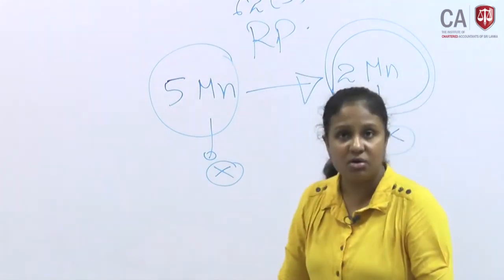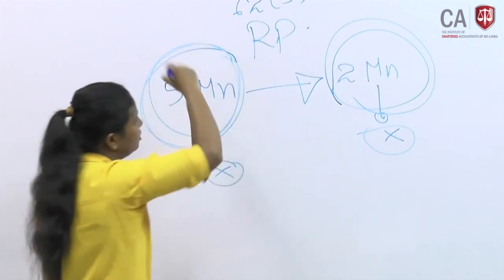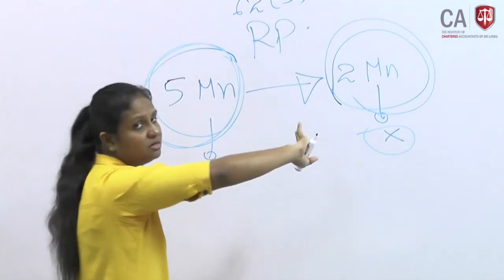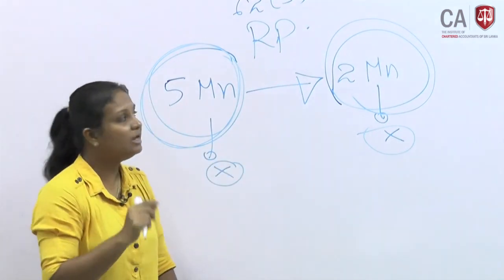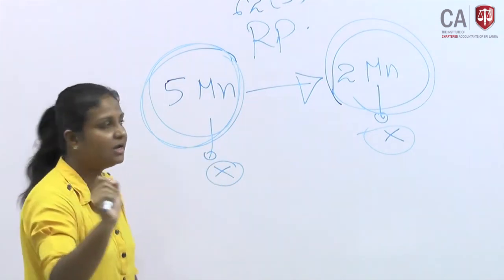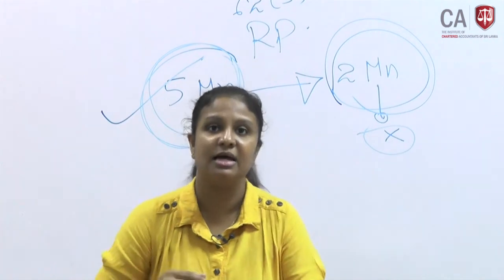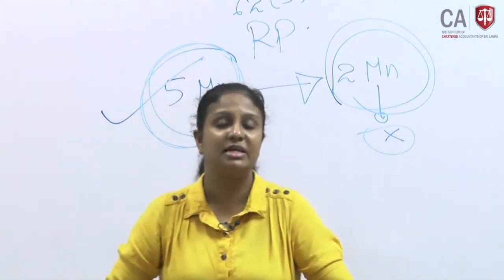No, it is talking about the entire profit which you have earned, which you should remit. If it is remitted, what is the correct amount? It is 5 million. These things are actually very key areas when it comes to your examination.